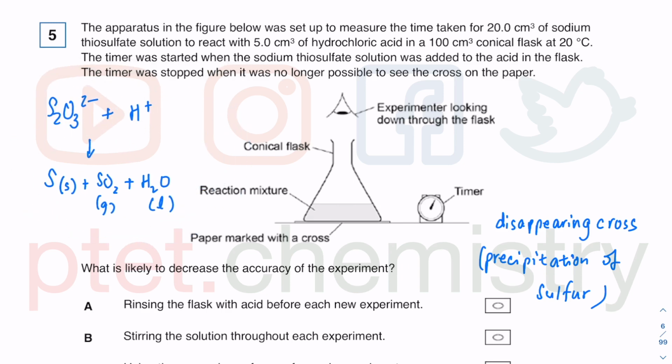I think that is 2H+ there, and then 3 oxygen, and the charges balance, so that's the ionic equation there. The key idea really is the solid is insoluble. The gas is going to escape as a gas, obviously. So this is the precipitation that's going to obscure the cross at the bottom of this flask.